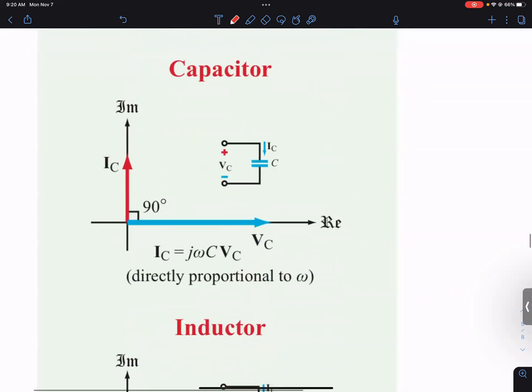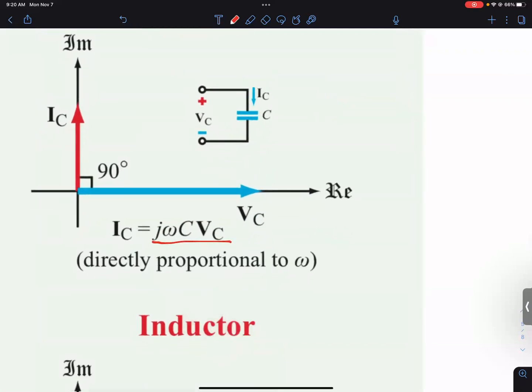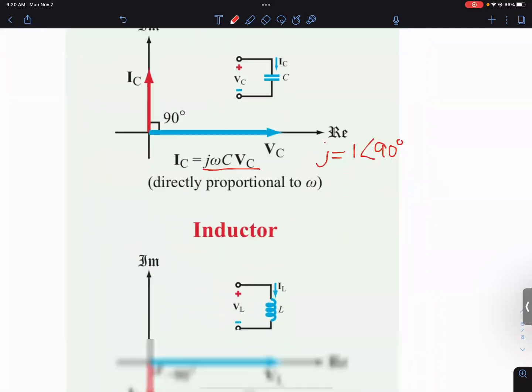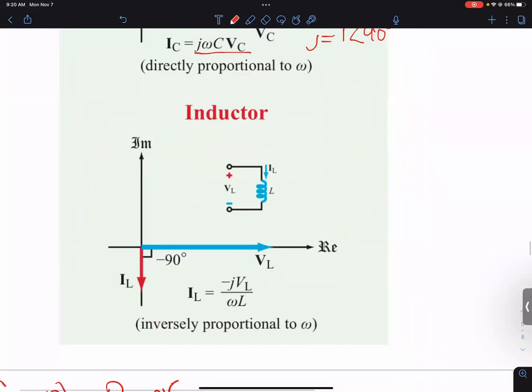If I have a capacitor though, my current now becomes j omega C VC. And remember, j is going to just be a vector at 90 degrees. So that's because j is 90 degrees. And an inductor is a minus j of VL over omega L.